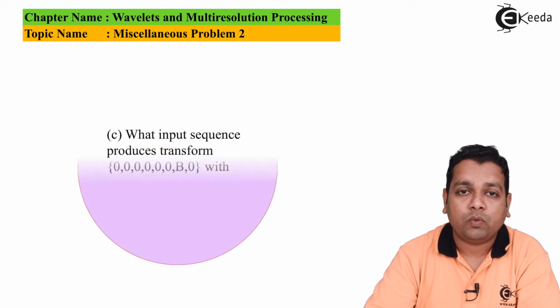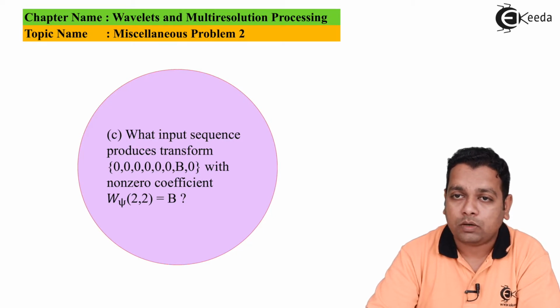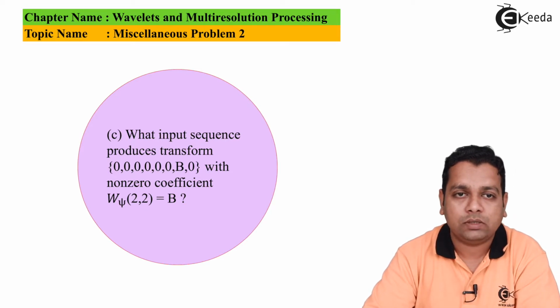Part C is given what input sequence produces the transform. Here we have the transform value 0, 0, 0, 0, 0, 0, capital B, 0 with non-zero coefficient W suffix psi of 2, 2 is equal to capital B. So here the question mark is mentioned here.